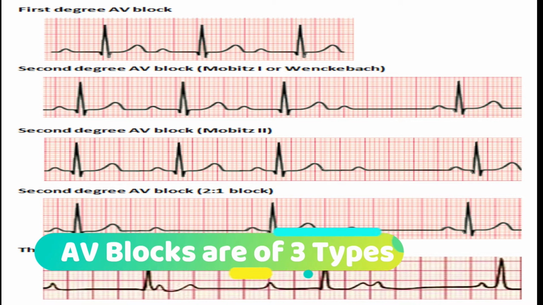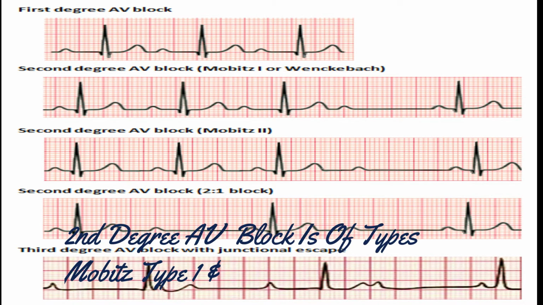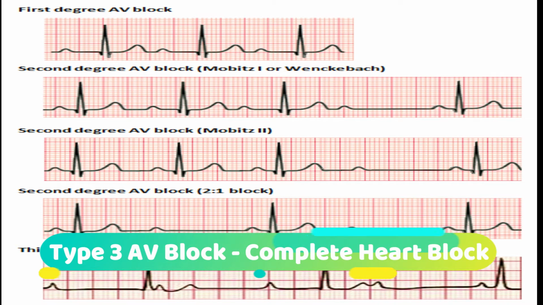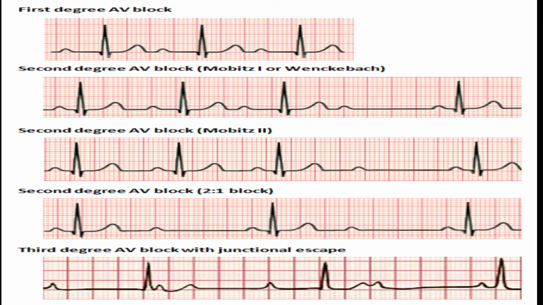First degree AV block, then there is a second degree AV block. Second degree AV blocks are of two types, type 1 and type 2. We'll come to that in detail after some time. Then there is a type 3 AV block, which is also called complete heart block, and it is a very fatal form of AV block, and usually the patient requires cardiac pacing.